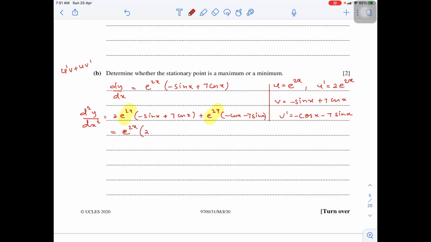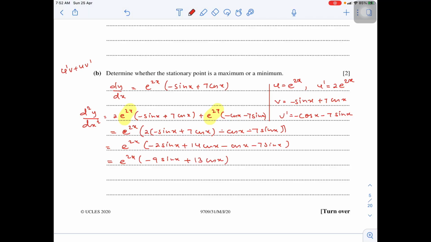All right, now I can simplify that. E to the power 2x is in both, so I'm factorizing it: 2 times (negative sine x plus 7 cos x) minus cos x minus 7 sine x, which is the same as e to the power 2x times (negative 2 sine x plus 14 cos x minus cos x minus 7 sine x).